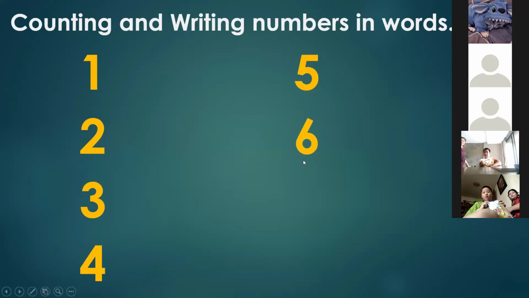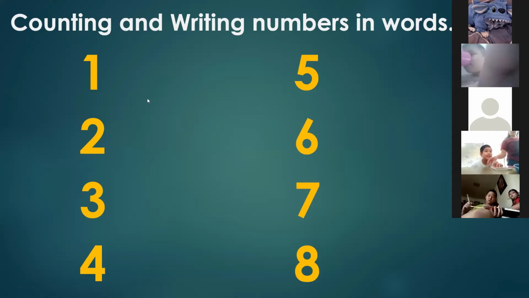Very good. 6. 7. 8. Very good. So these are the numbers that we're going to spell first.